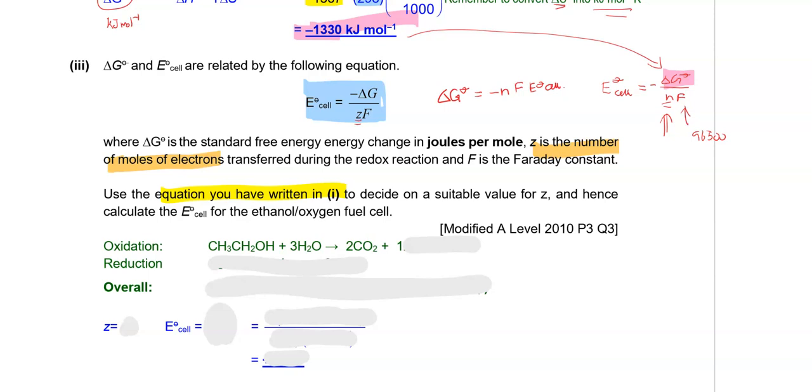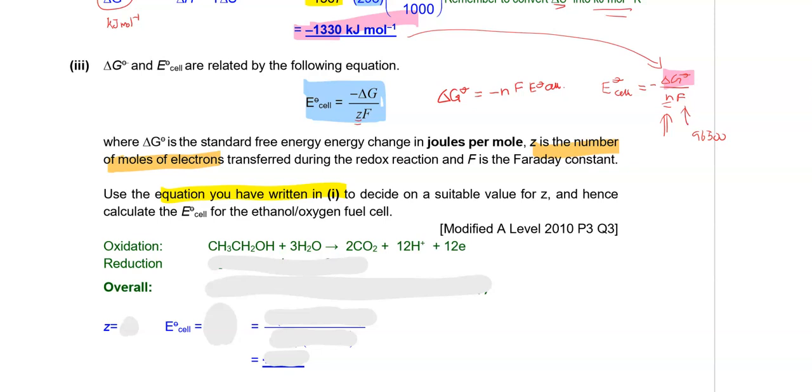Once I balance the oxygen, then I go on to balancing the hydrogens. In total, I have 6 hydrogens from the ethanol molecule, and then another 6 from water. Therefore, I need 12 H+. Once I have 12 H+, the whole thing is just to balance the charge. On this side, I have no charge. On the other side, I have a positive 12 charge, and therefore I need to add 12 electrons to balance the charge.